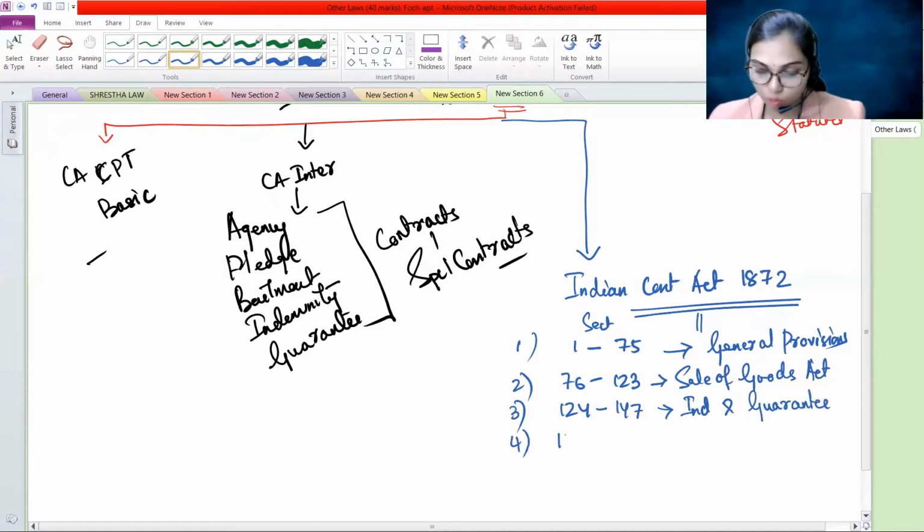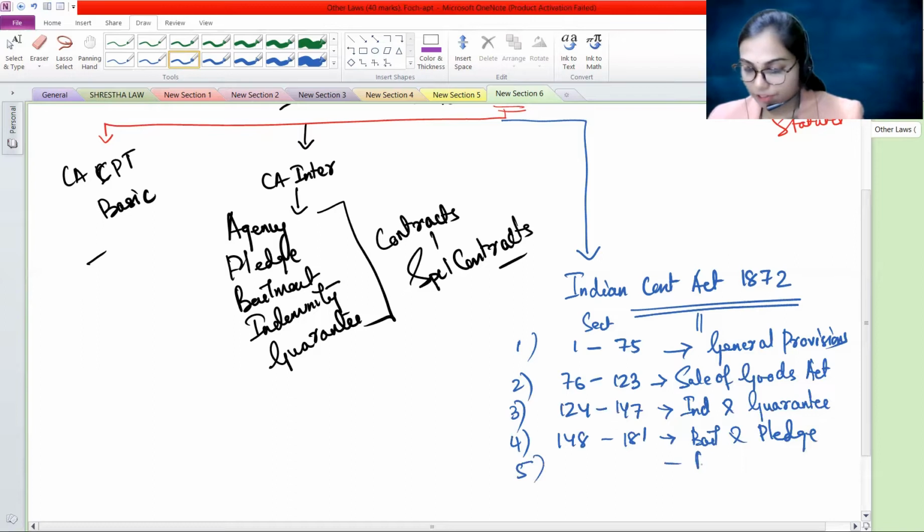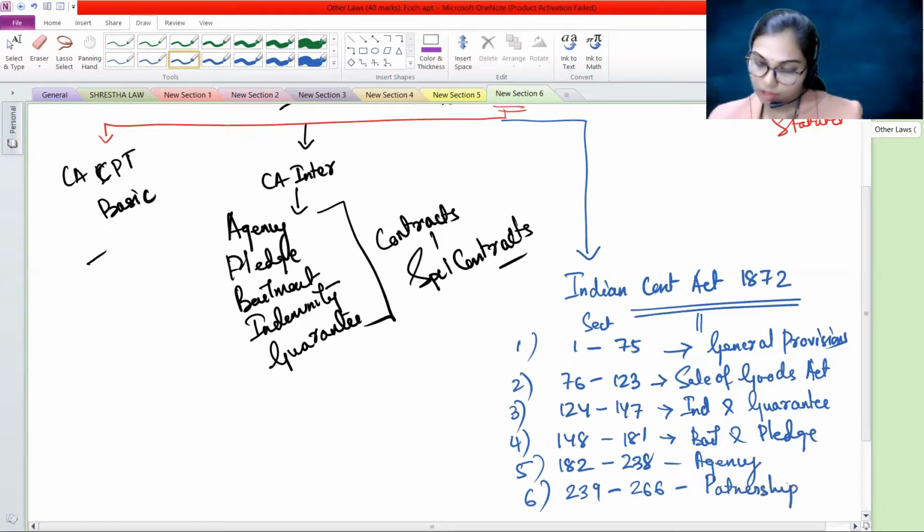Fourth is 148 to 181, about bailment and pledge. Then we have the agency contract, covering sections 182 to 238. The last is 239 to 266, which covers the Partnership Act.